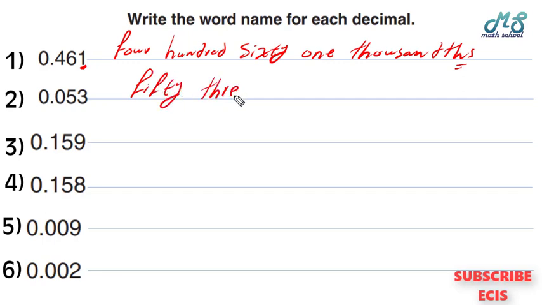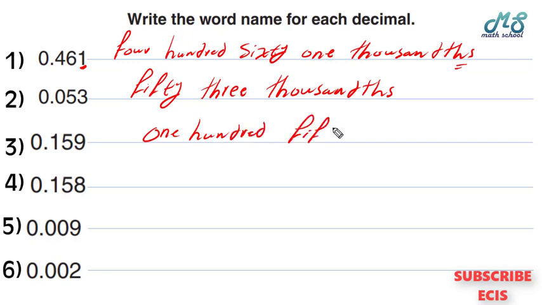53 thousandths, just write 53 thousandths with THS, don't forget. 159 thousandths, just write 159 thousandths with THS. Why?